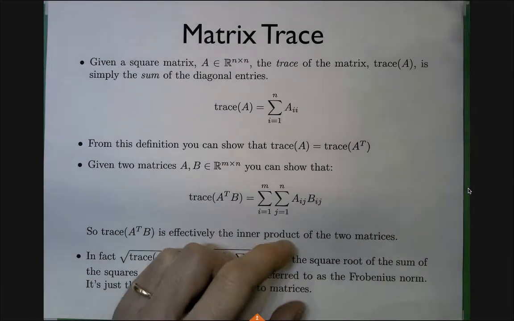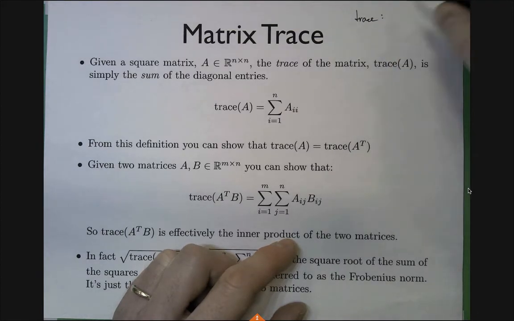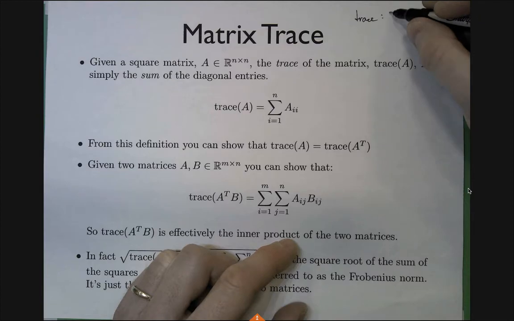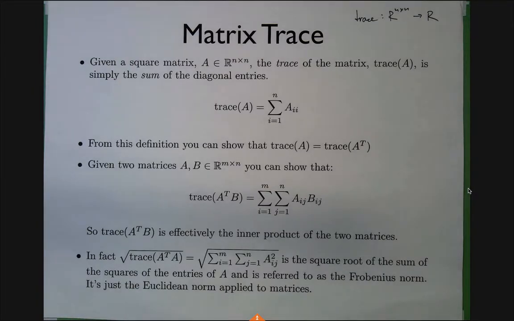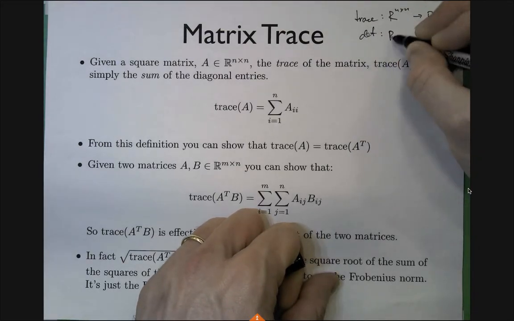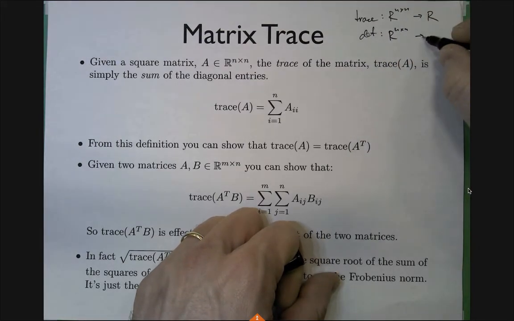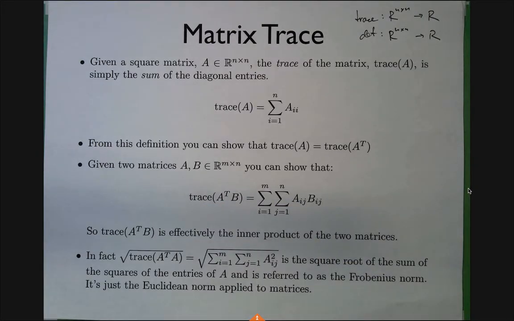So in terms of function notation, trace is a function of the same signature as determinant, right? So it takes a square matrix and produces just a single scalar. Okay, let me put it here to make it really obvious. That's a similar idea as the determinant, right? Because the determinant also was a function from a square matrix, so it was producing a number.